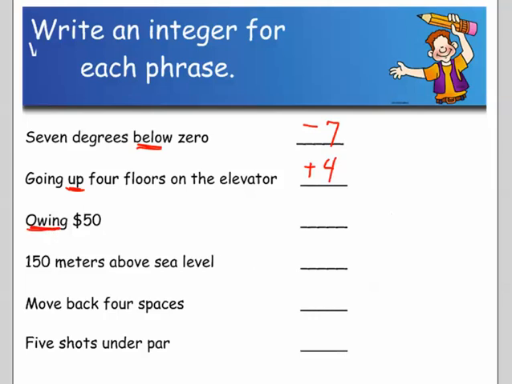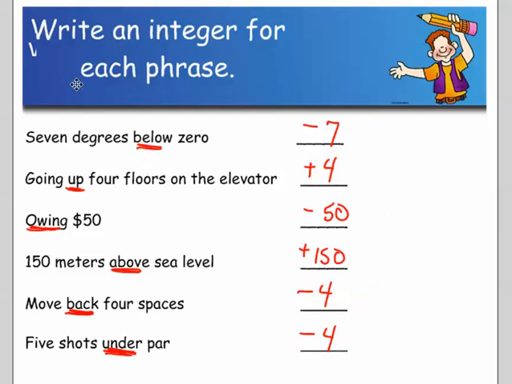If you owe someone, owing is bad, so that's -$50. 150 meters above, above was a positive word, so that is a positive. Move back, going back, so that's a negative. And 5 shots under par, that is a negative.